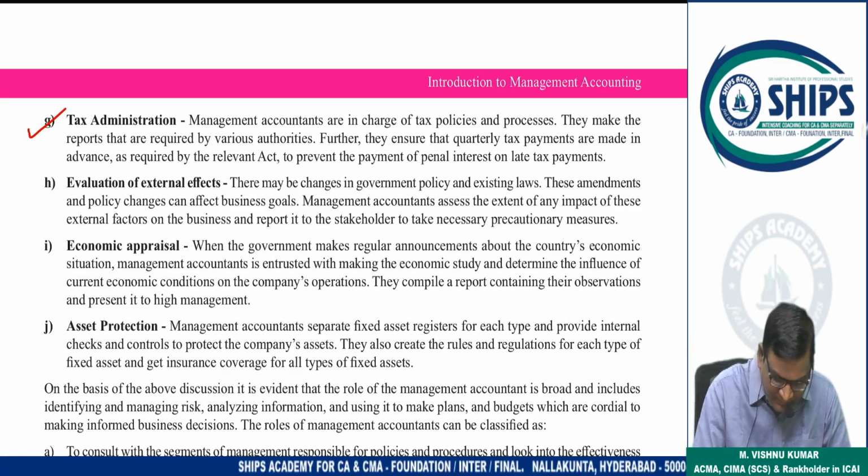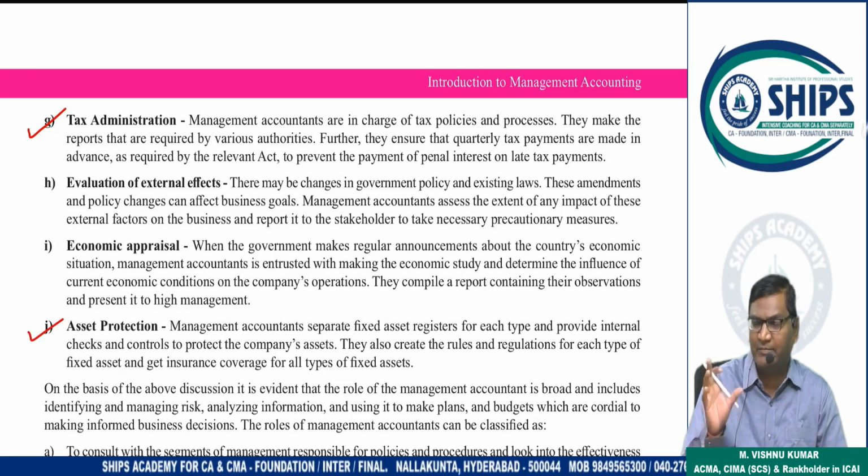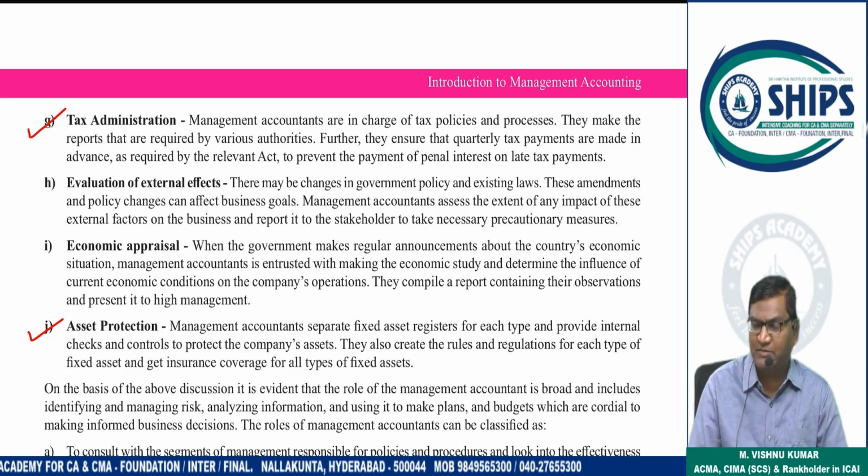Clear? Next is asset protection. Asset protection means all types of assets should be protected through insurance coverage, through different types of schemes, and they should be optimally utilized.